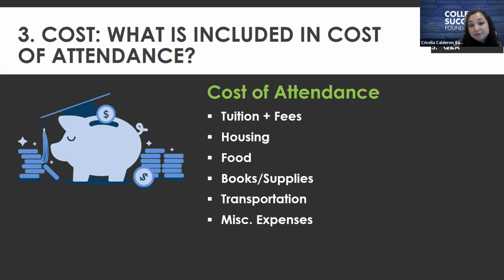Secondly, the student's housing plans may also impact cost. Is the student planning to live on campus, off campus, or with a guardian or family member? These decisions will affect their cost of attendance budget. The student's state residency status will impact tuition cost. And when we're discussing residency, we want to clarify that we're not talking about immigration status.